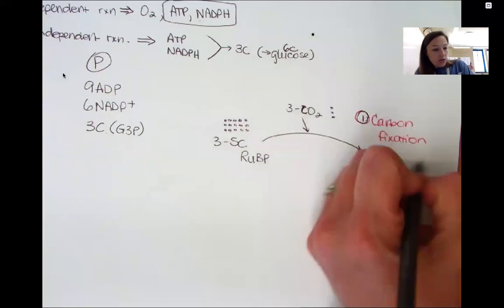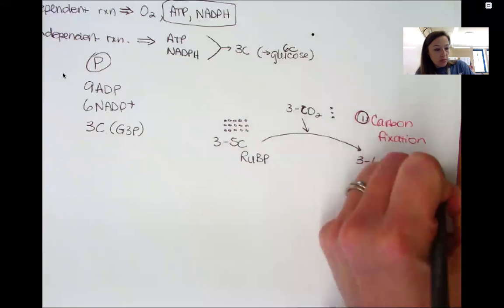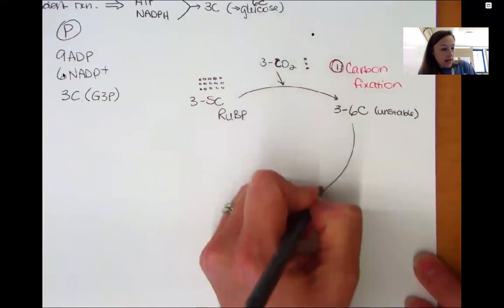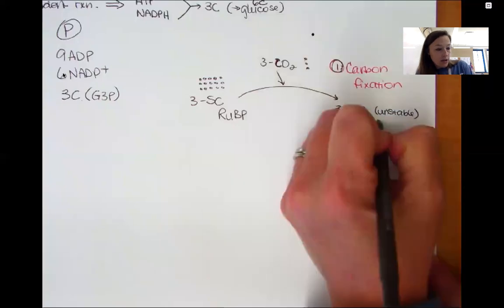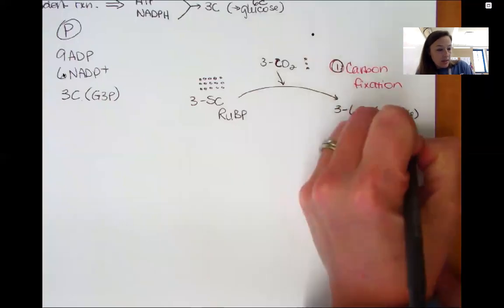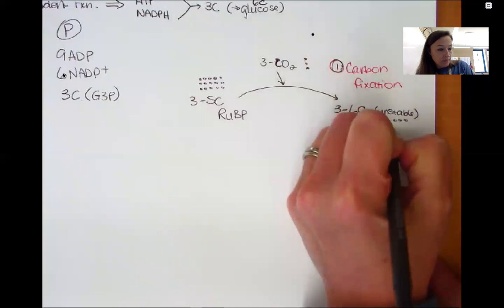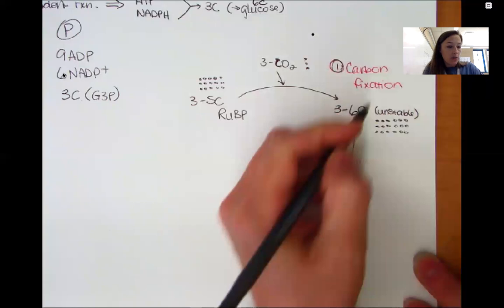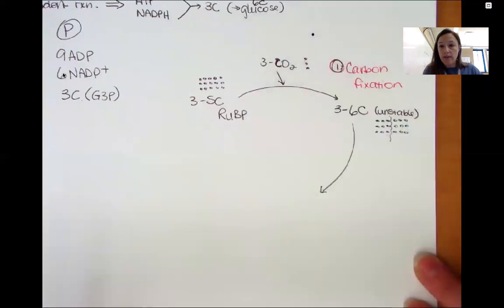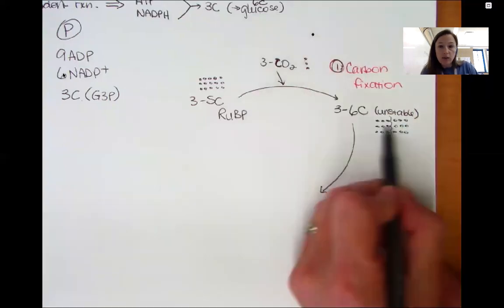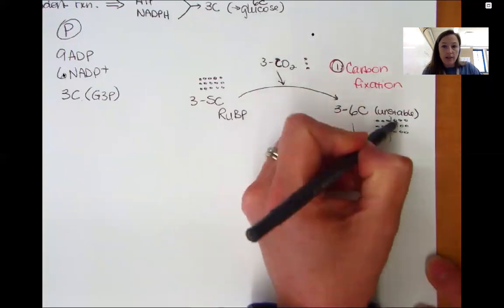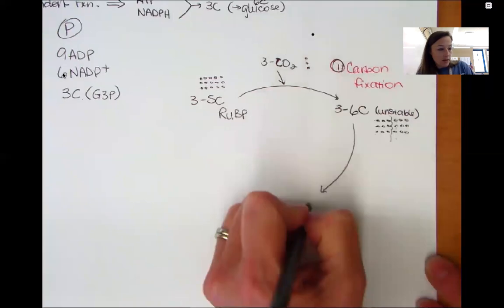This 6-carbon is super unstable. Almost immediately after it forms, it breaks. Let me draw it out here so you can see what I'm talking about. So here are my 6 carbons. But it's unstable, and almost immediately those break in half. And so we go from having 3 6-carbons to 1, 2, 3, 4, 5, 6 3-carbons.